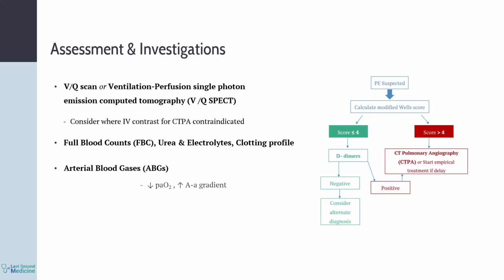Arterial blood gases may show reduced PO2 and increased alveolar arterial oxygen gradient, indicating poor gas exchange. Decreased carbon dioxide partial pressure and raised pH indicate hyperventilation, which has led to respiratory alkalosis. Metabolic acidosis may be seen in acute massive PE with circulatory collapse.